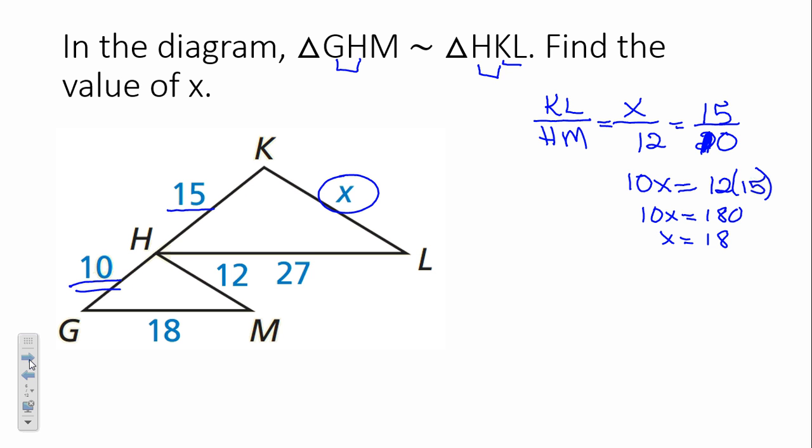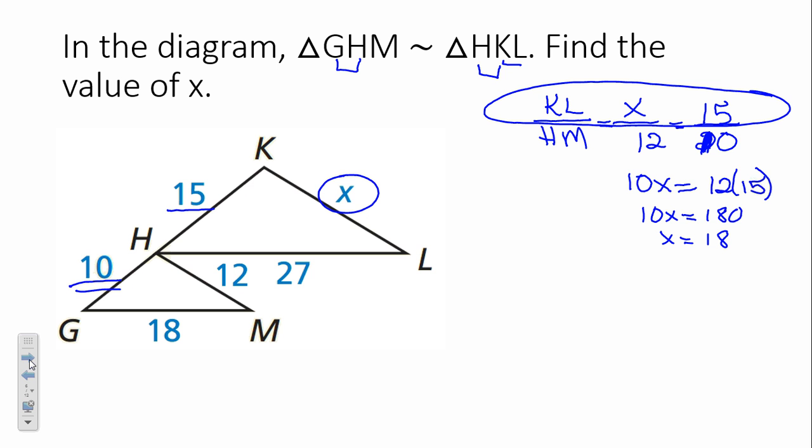Yes, sir. Alright, so basically, it's just like that. But whatever's the opposite of x, the corresponding side, and then two other corresponding sides. Making sure that you always put the larger triangle on top and the smaller triangle on the bottom, or vice versa.